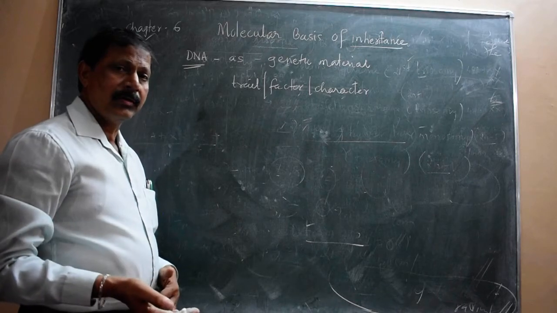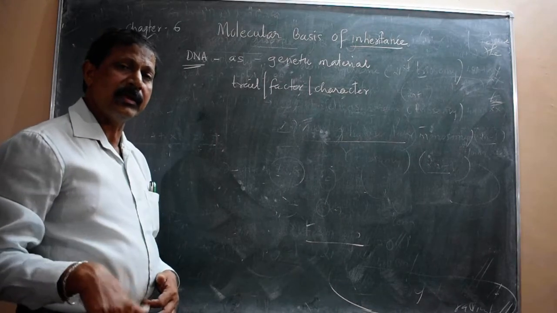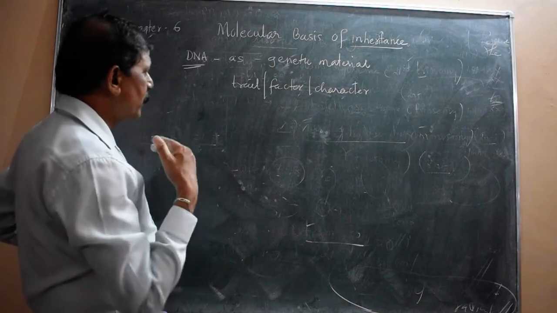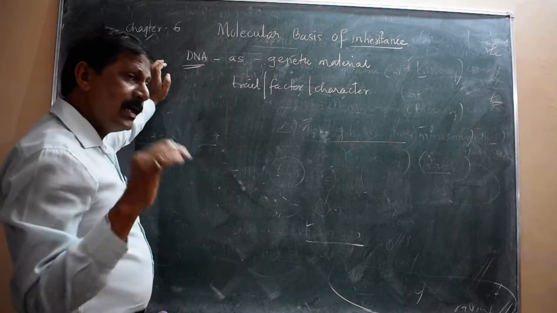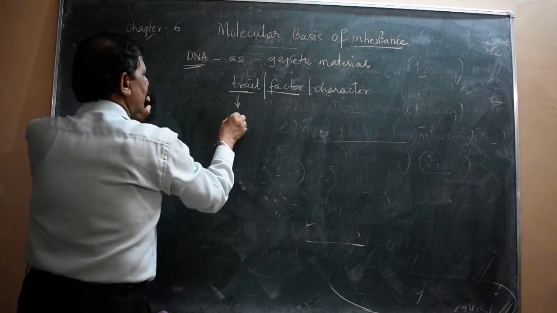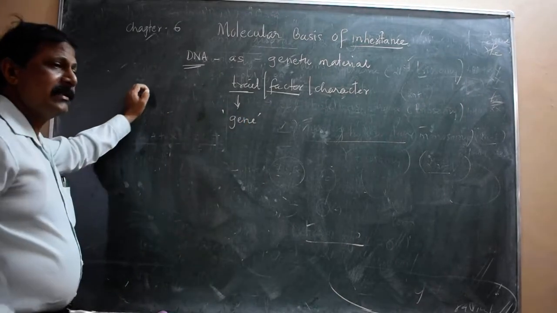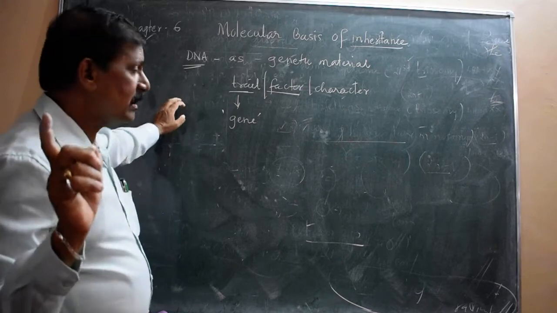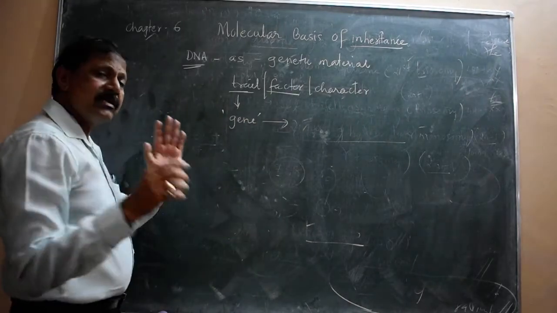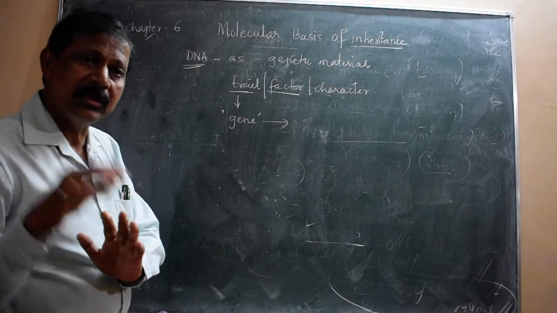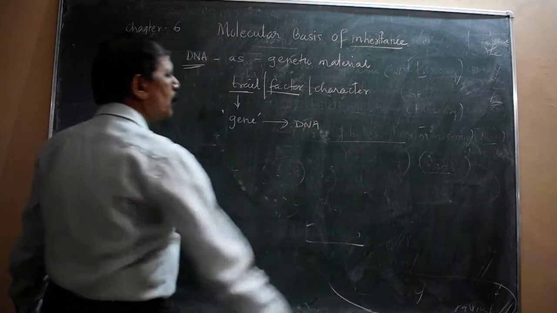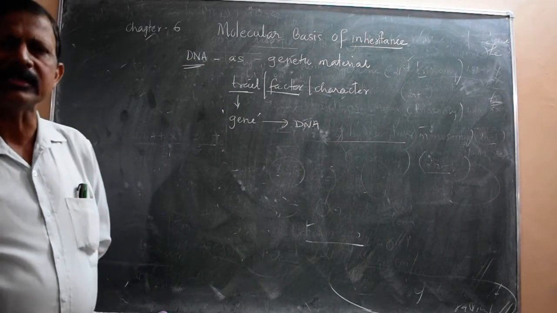But later, in the middle of the 20th century, a number of geneticists and biochemists came forward and rediscovered Mendel's inheritance, and it came to be known that the trait, the factor, is what nowadays we call a gene, and the study of gene is called genetics. Later again it was discovered what the chemical composition of the gene is, and it came to be known that the gene is a molecule of DNA, deoxyribonucleic acid.